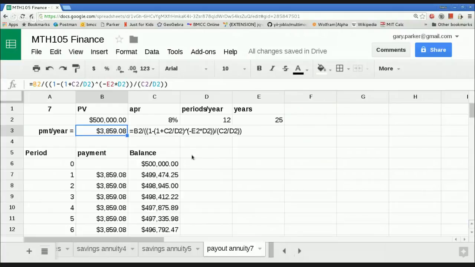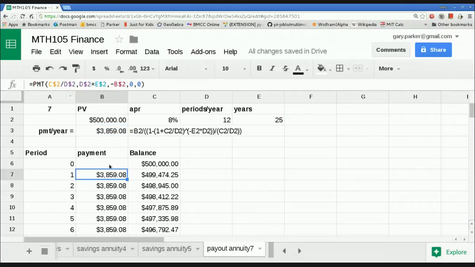Now here, relatively simple, I'm starting off with $500,000 and I'm using this payment. Now I calculated the payment a little bit different. There's a payment function in Excel which comes up with the same answer as the book formula. It doesn't necessarily, again, show how the number was calculated.